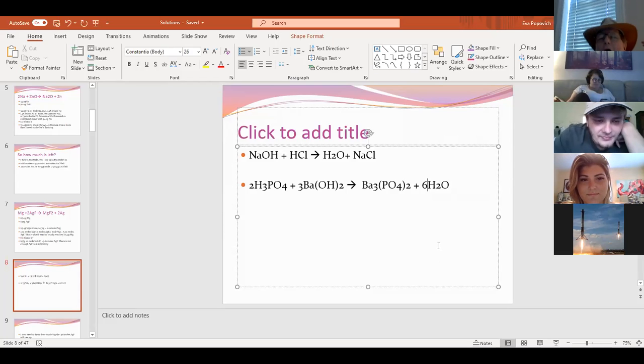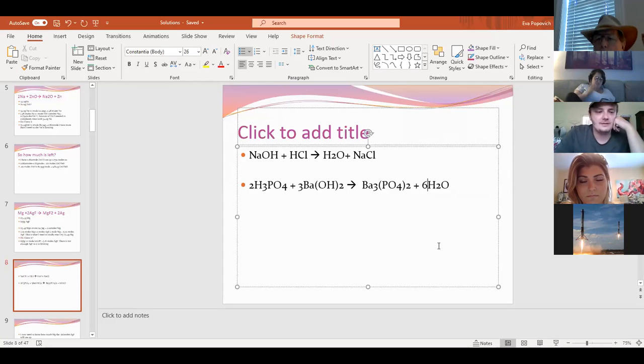So what is the molar ratio between water and barium hydroxide? It would be 6 for water, and the barium hydroxide is 3Ba(OH)2. So it'd be 6 to 3, so then it would be 2 to 1. That's the answer.